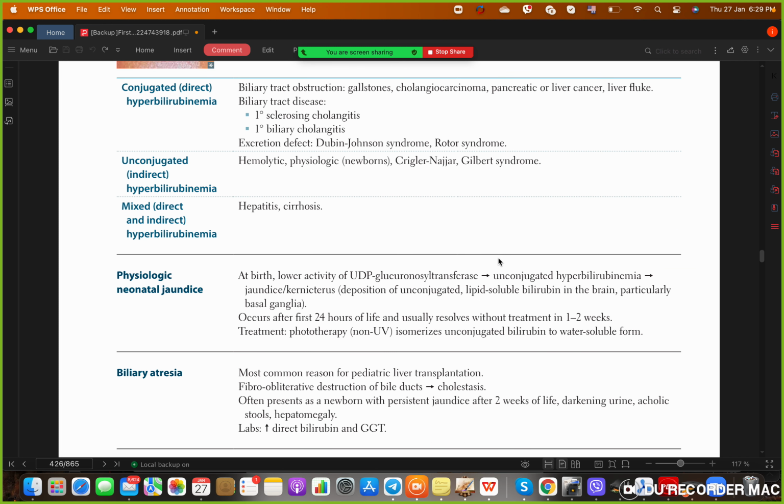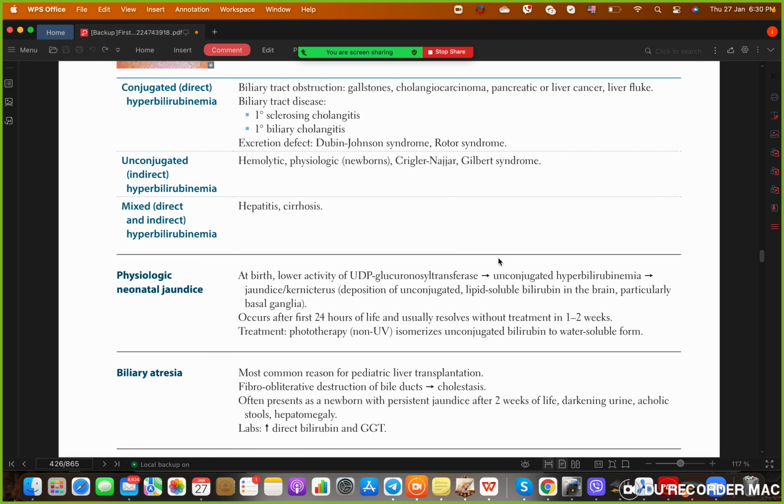So let's take a look. We have here conjugated, also known as direct hyperbilirubinemia. These patients can have biliary tract obstruction due to, first, gallstones. Gallstones can lead to mechanical jaundice. Also, cholangiocarcinoma, pancreatic or liver cancers, or the liver fluke. Can somebody tell me what this liver fluke is?